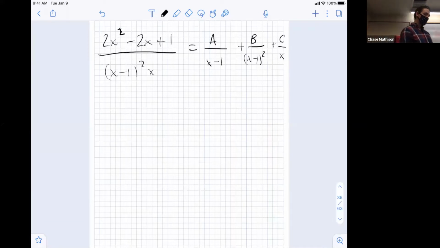Okay? This is how we deal with repeated linear factors. And in general, this is what's going to happen.